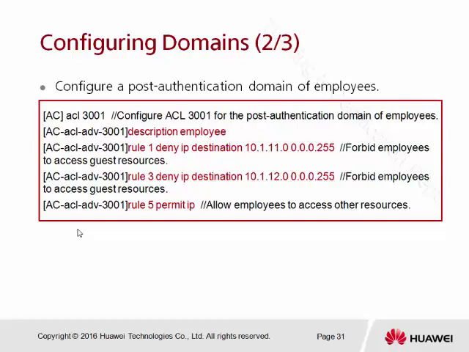That means they try to prevent the employee from accessing the guest resources. Except for the guest network, the employee network can go anywhere. You can see the last rule over here, rule number 5, permit IP. This means as long as it's not within the range of 10.1.11.0 or maybe 10.1.12.0, you are allowed to go anywhere.